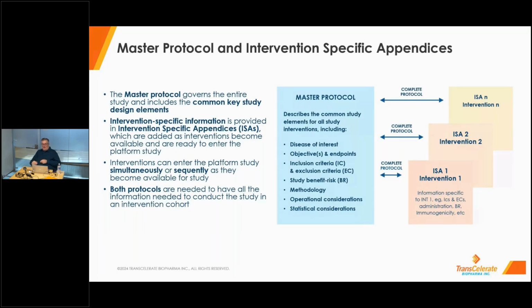So going into a little more detail here on the master protocol and intervention-specific appendices. The master protocol governs the entire study and includes the common key study design elements.